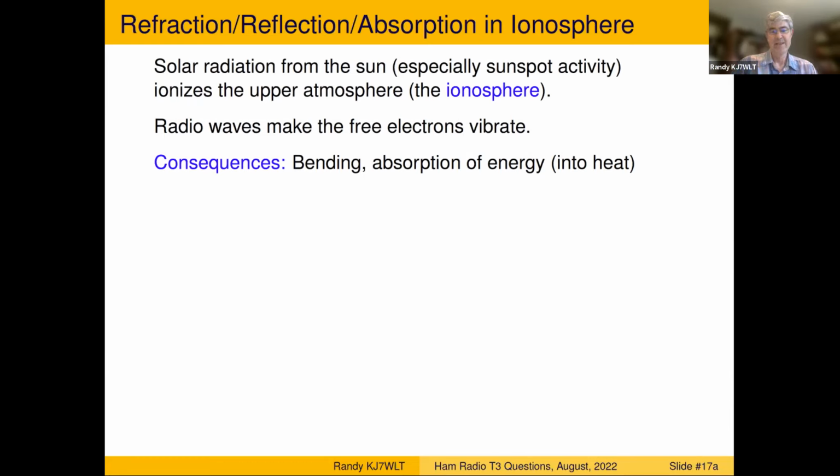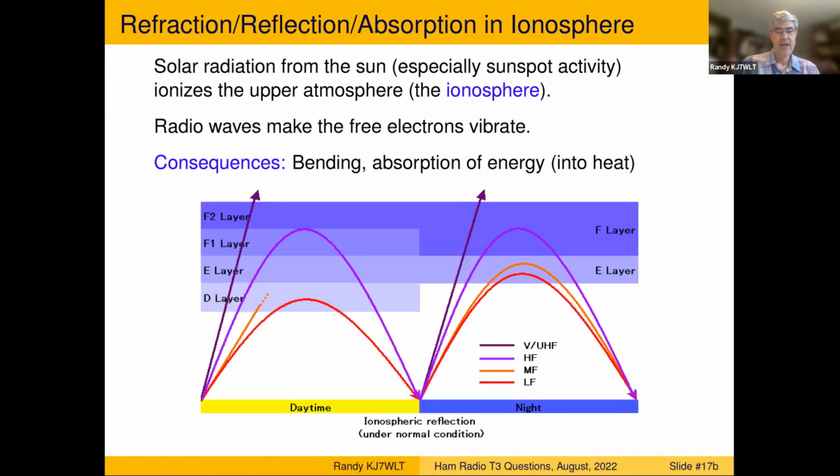And then that can be converted into heat if it collides with some other particle that's also vibrating. So you can get absorption. You can also get bending whenever an electromagnetic wave goes through the ionosphere or other similar materials.